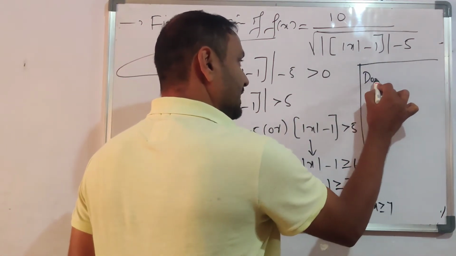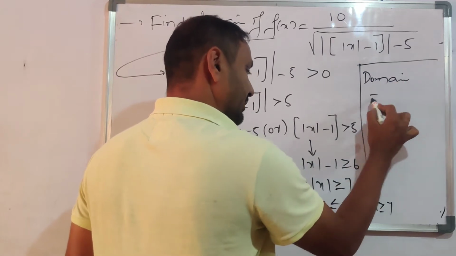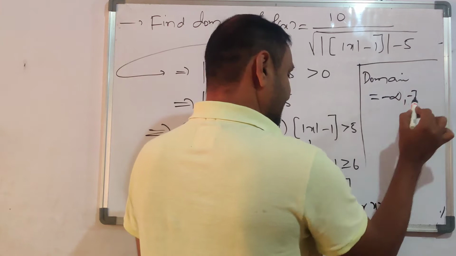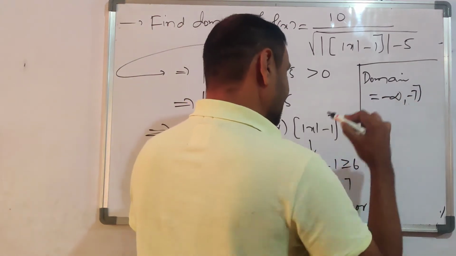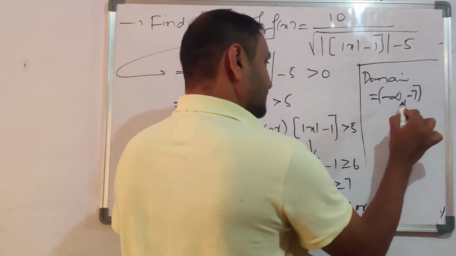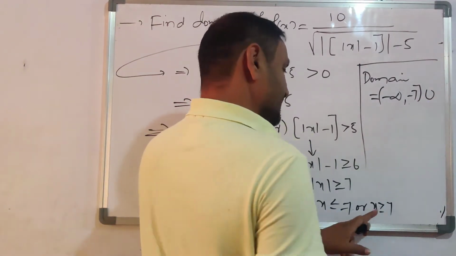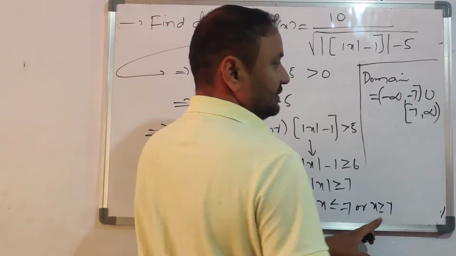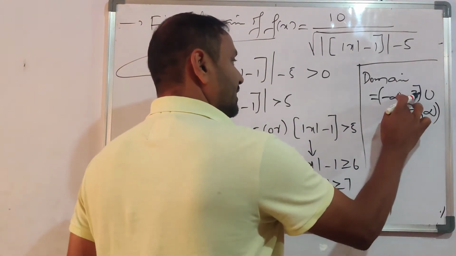Therefore, the domain is minus infinity to minus 7, closed interval, union 7 to infinity, closed interval. This is the domain of the given function.